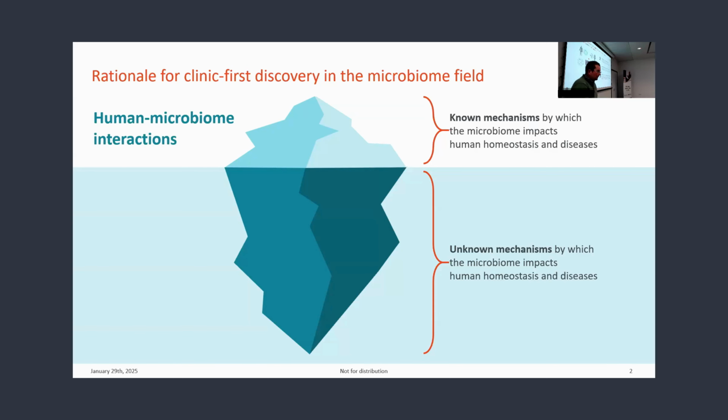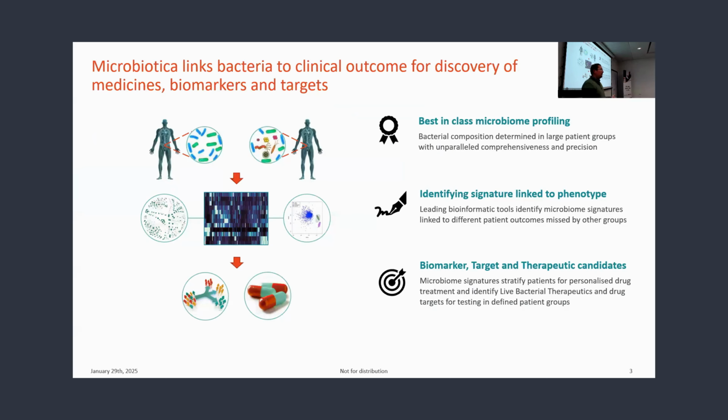So how does that work? We characterize the microbiome composition of big patient populations using our very unique platform. I'll talk about that in a bit. From that, we identify specific microbiome signatures that are correlated with a certain clinical outcome, like a certain type of therapy, immune checkpoint inhibitor, for example, in cancer, or fecal microbiota transplantation in ulcerative colitis.